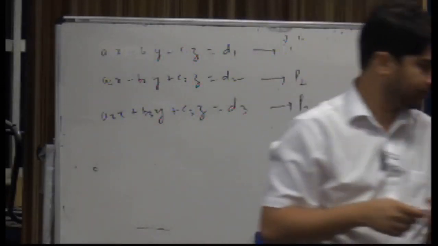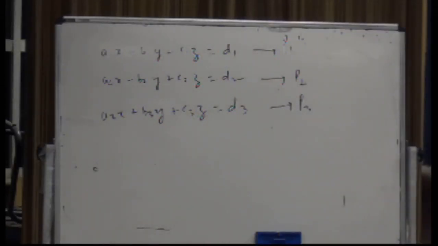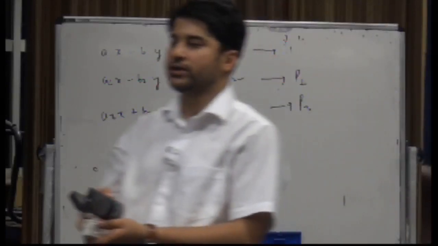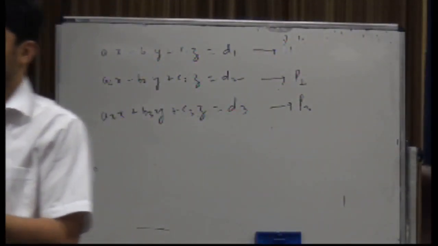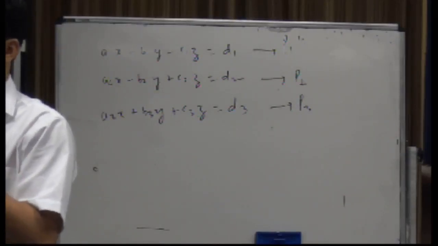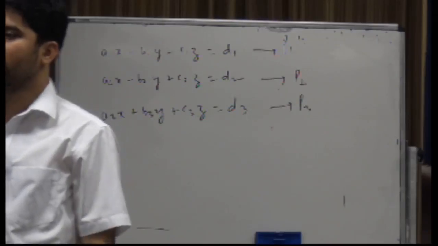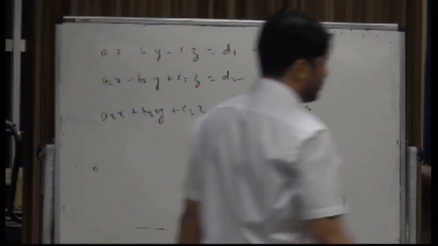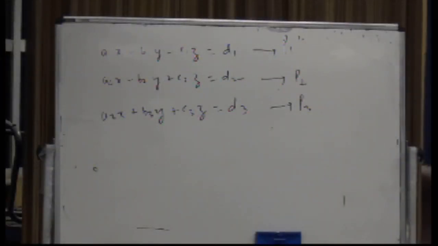When you see 3 planes, these 3 remotes are 3 planes. Now these 3 planes are sharing one common line. This is the line, right? One common line. So in this case we say infinite solution.